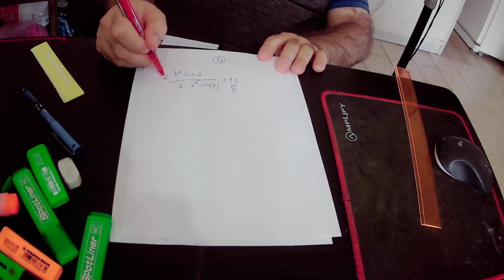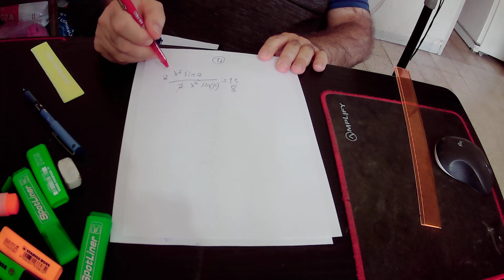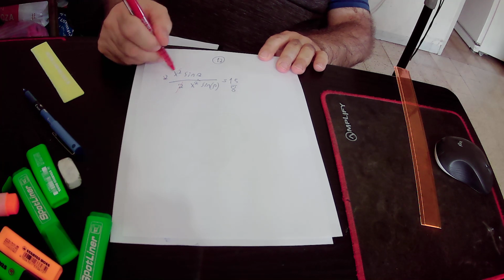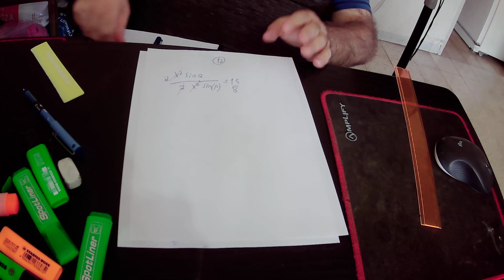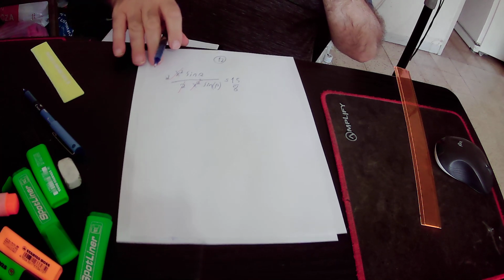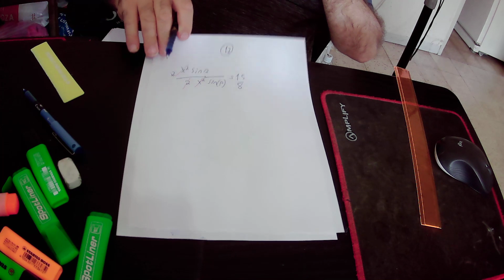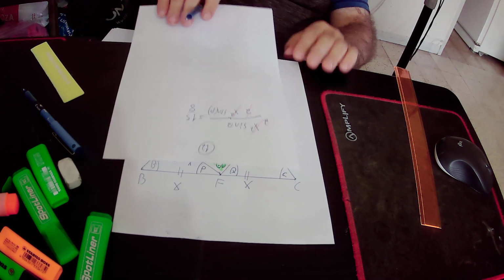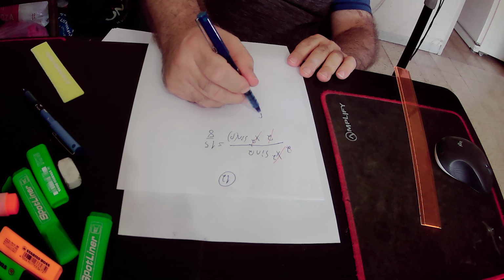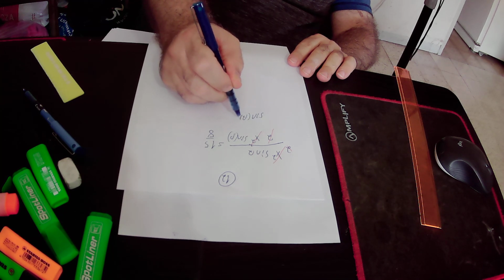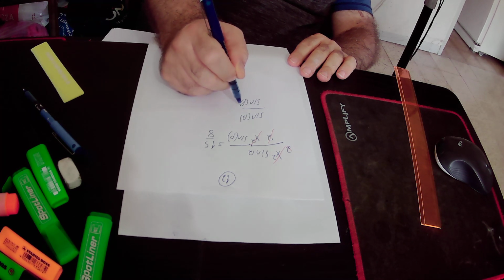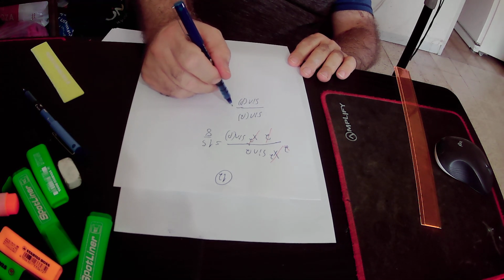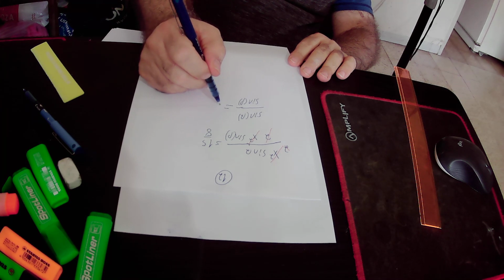So here 2 over 2 is cancelled, x squared over x squared is 1, so x squared is also cancelled. In total, what is left after we cancelled x squared and 2 is sine q over sine p equals 15 over 8.